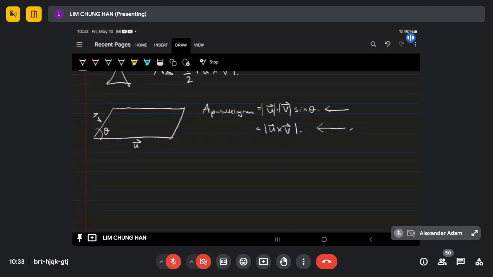Okay. So let's do an example. Let's do a triangle. Find area of this triangle PQR, using vectors.